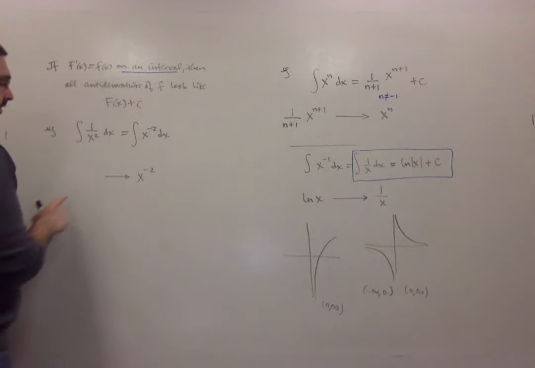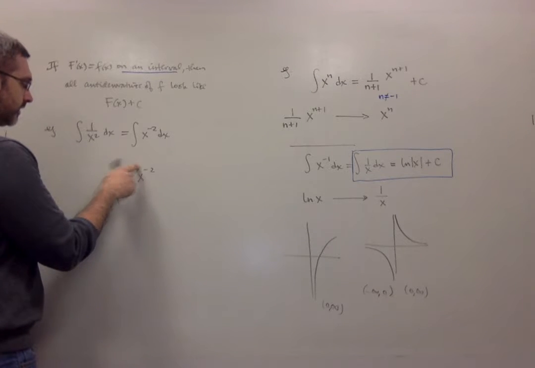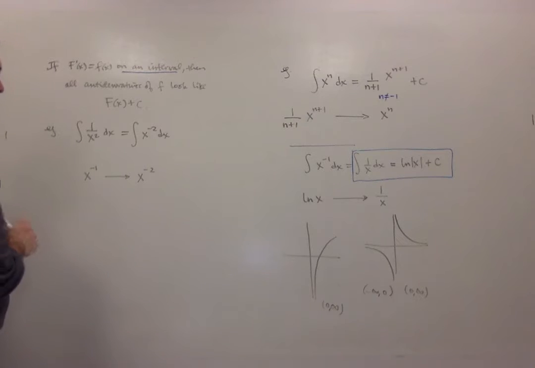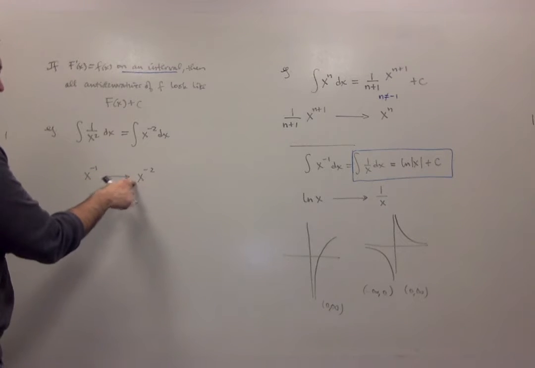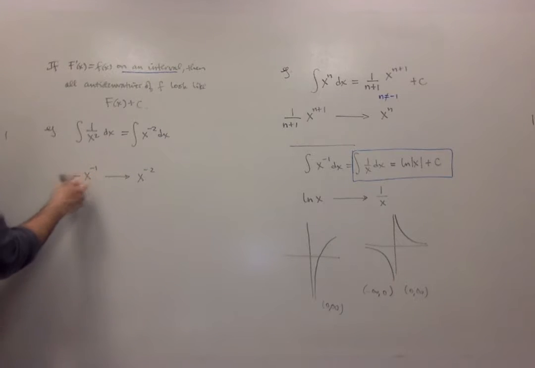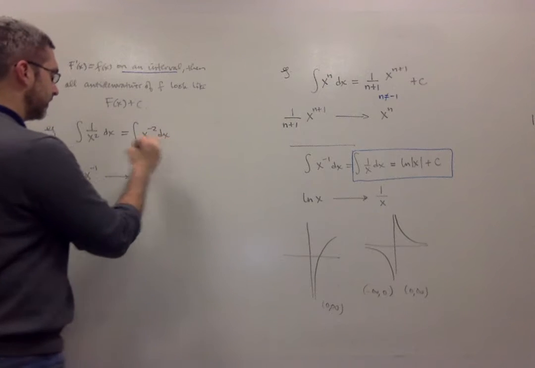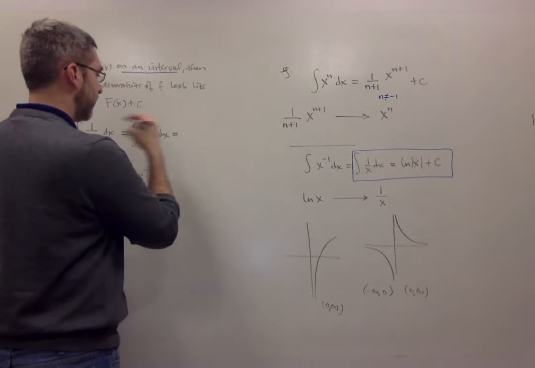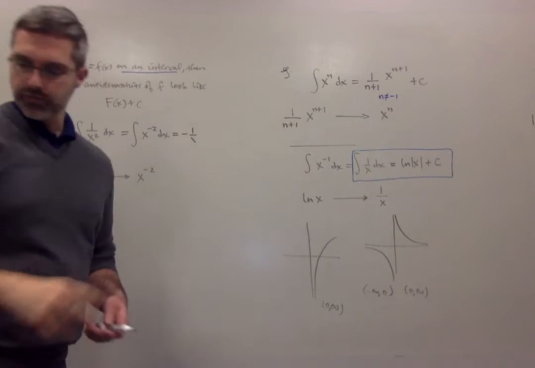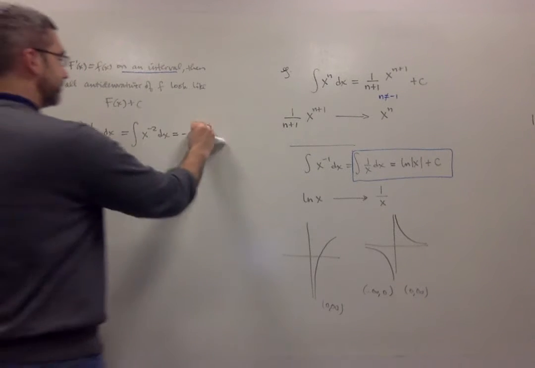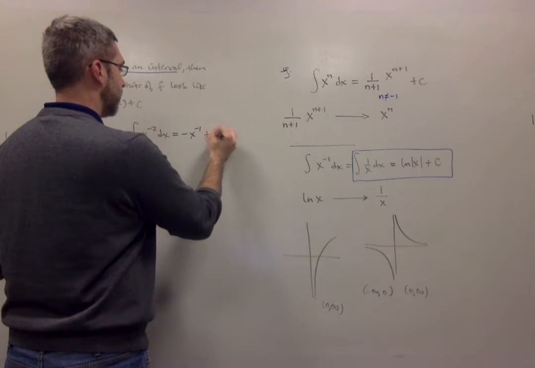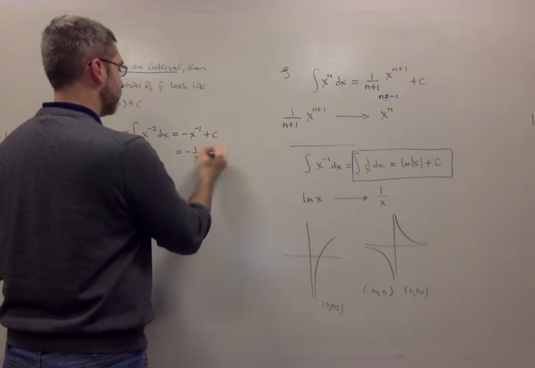Well, differentiating lowers the power, so to go this way, I have to raise the power. So I need x to the negative 1. But if I start with x to the negative 1, I'm going to get negative x to the negative 2. I don't want that, so I'm going to put a negative on here, and that'll get rid of that negative that shows up here. So I would be tempted to say that the most general antiderivative is negative x to the negative 1, plus a constant. In other words, negative 1 over x plus a constant.